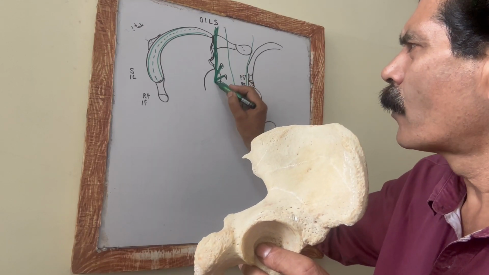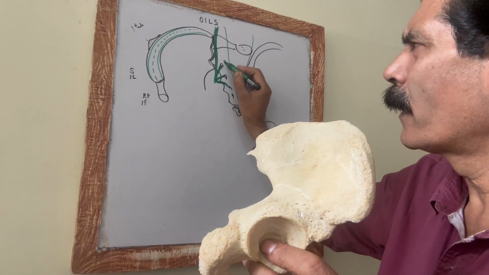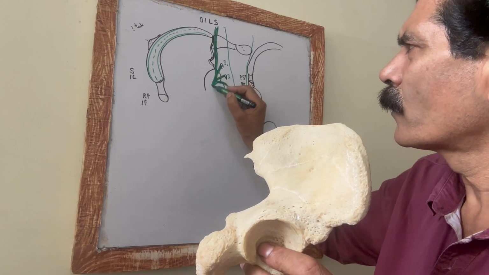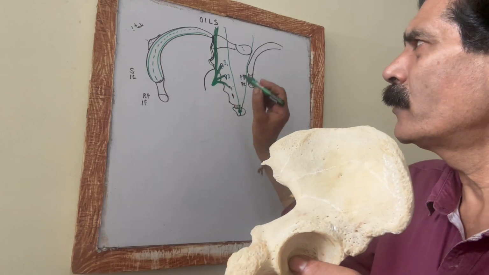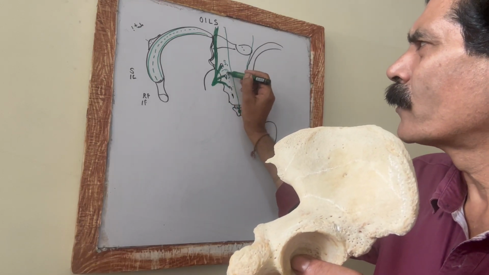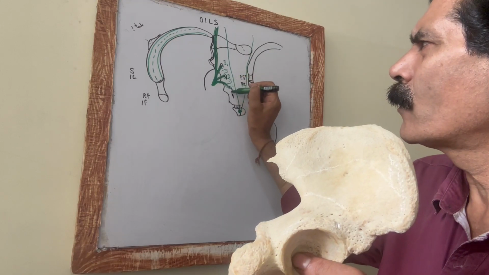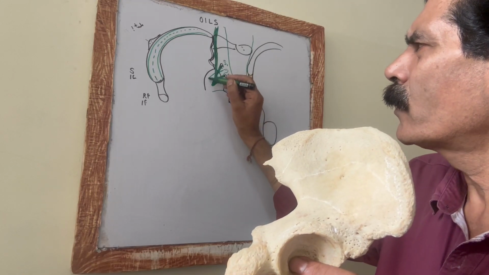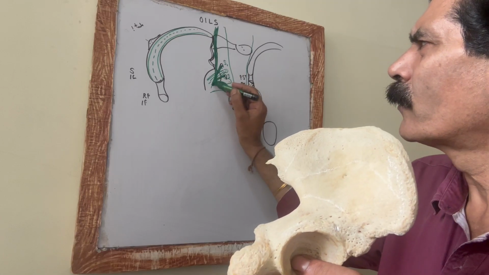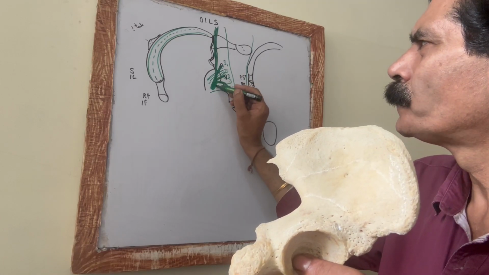So the sciatic nerve is formed from the lumbosacral trunk and S1, S2 and S3 nerves here on the anterior surface of the piriformis muscle, which takes origin from the S2, S3 and S4 pelvic surface of the sacrum. So this is the origin of the piriformis. The piriformis is passing over here, and in front of it the sciatic nerve is formed.